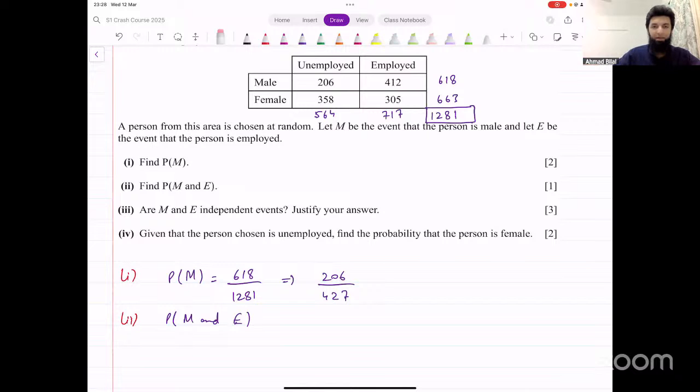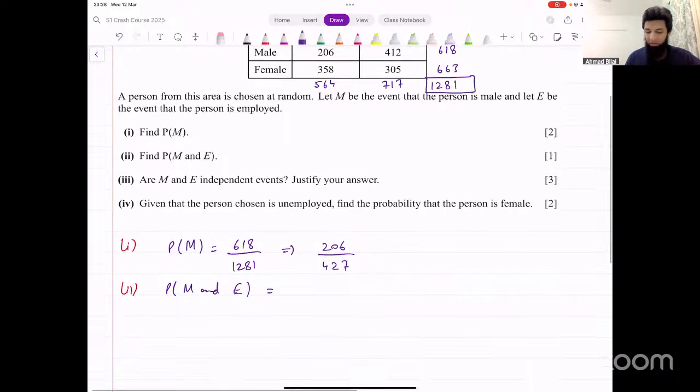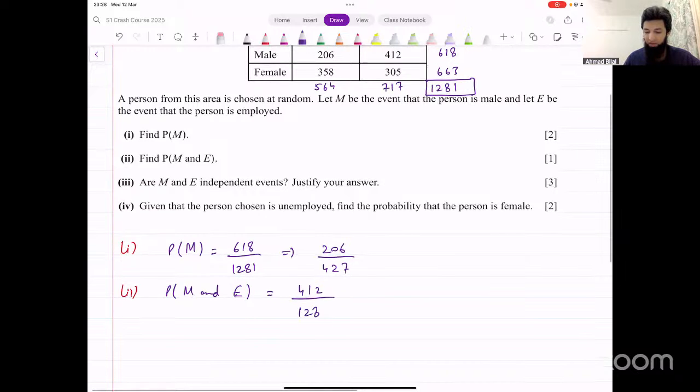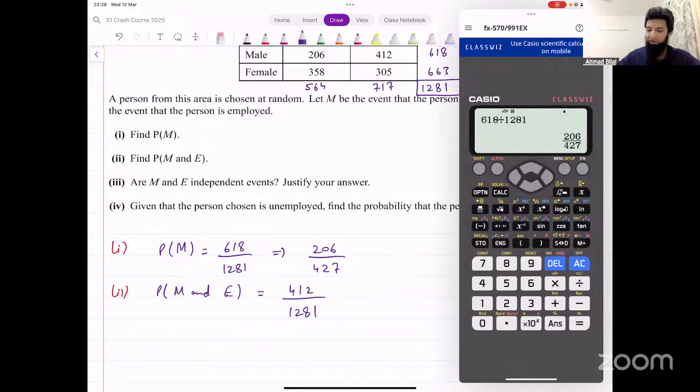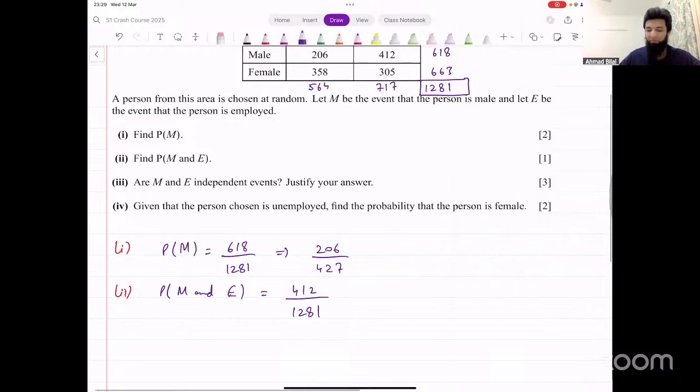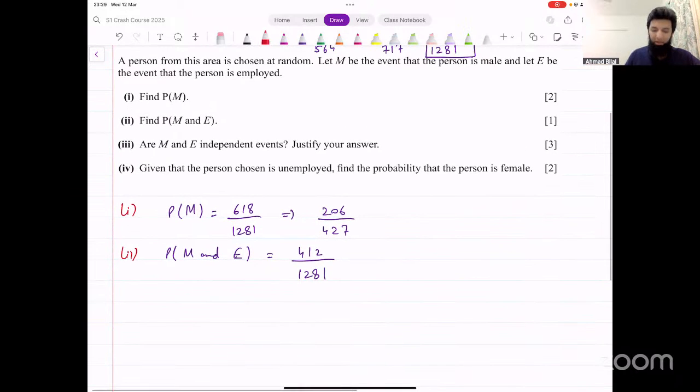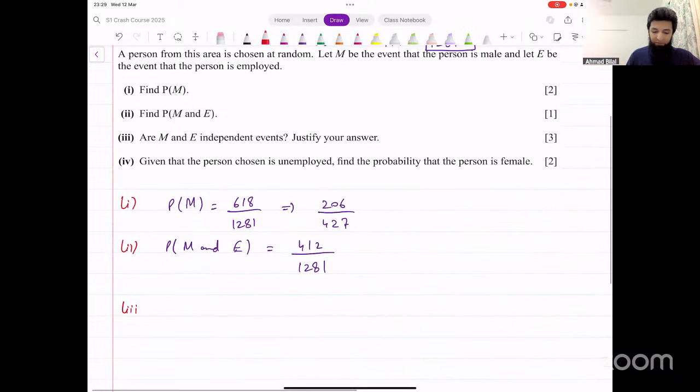What's the probability that that random person is both male and employed? Where can we find that in this table? This number 412, that represents that, right? Male and employed, that's 412. What will be the probability? 412 divided by the total, which is 1281. Again, you can see if this can be simplified. 412 divided by that. No, it cannot be simplified. So that's the final answer, part 2. Again, fairly straightforward.